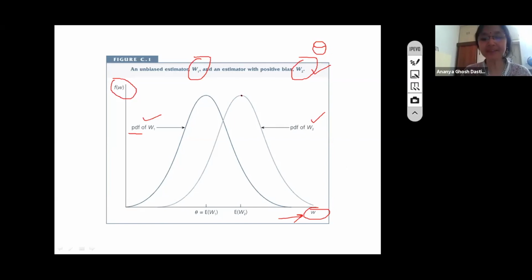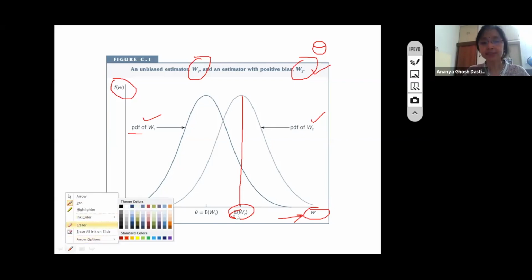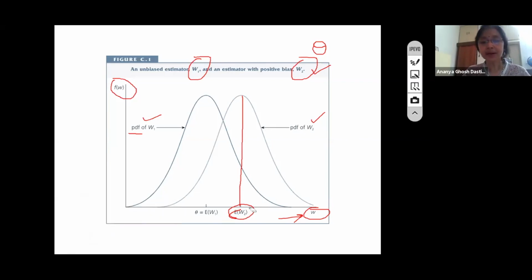This is the mean of W2. It is written over here as the expected value of W2. So the expected value of W2 gives you the mean of the estimator W2. And what about the mean of the estimator W1? The mean of W1 is given to you right over here.